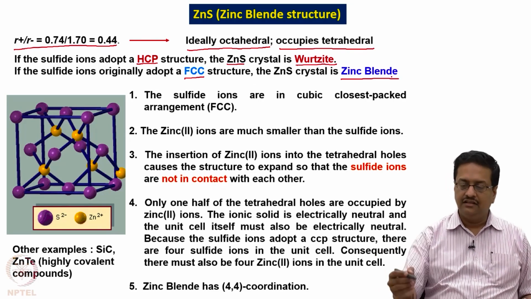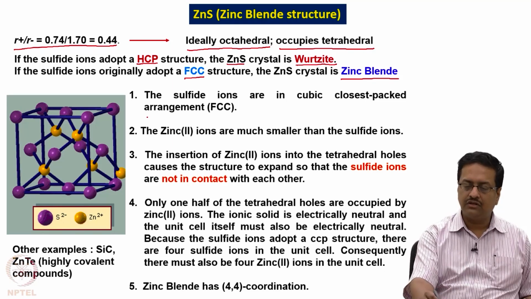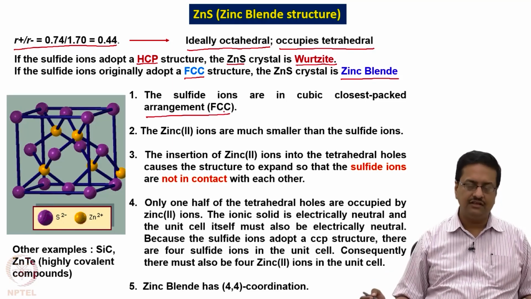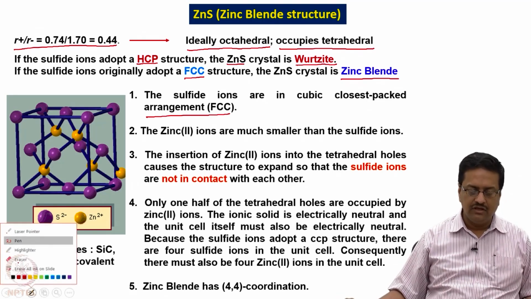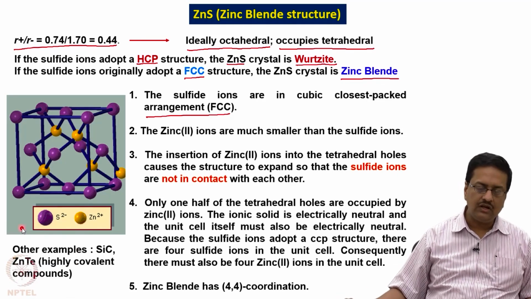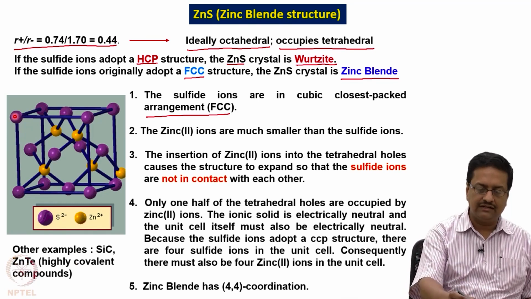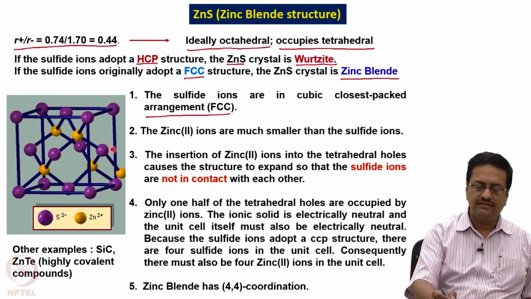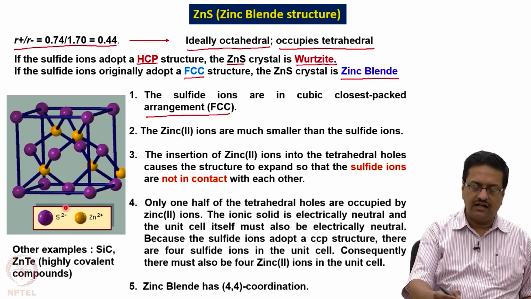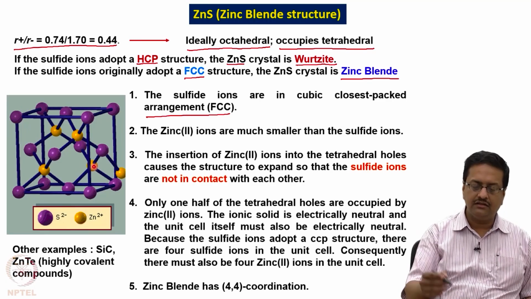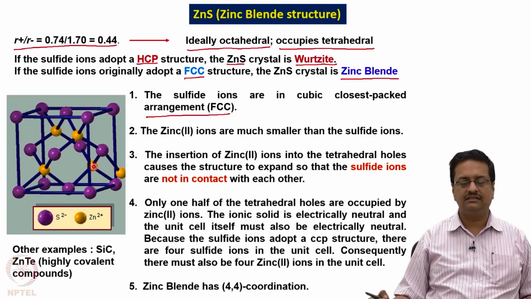In this case, the sulfide ions are in the cubic close pack arrangement, that is FCC. If you look at the figure on the left, you have sulfide atoms occupying the 8 corners and 6 faces, and then the zinc ions are occupying alternate tetrahedral sites inside the unit cell.